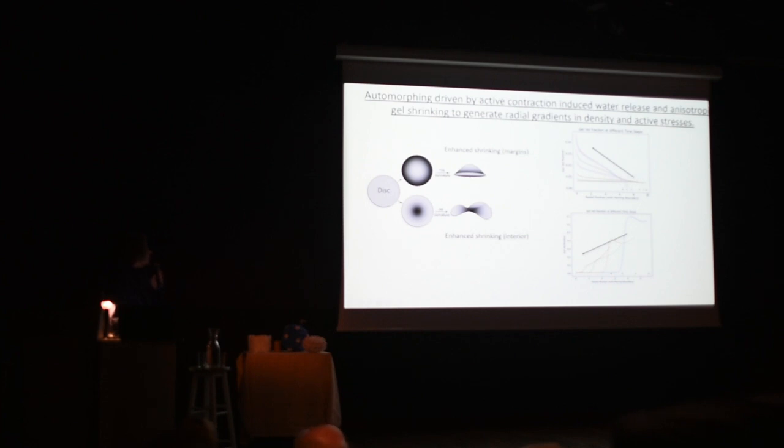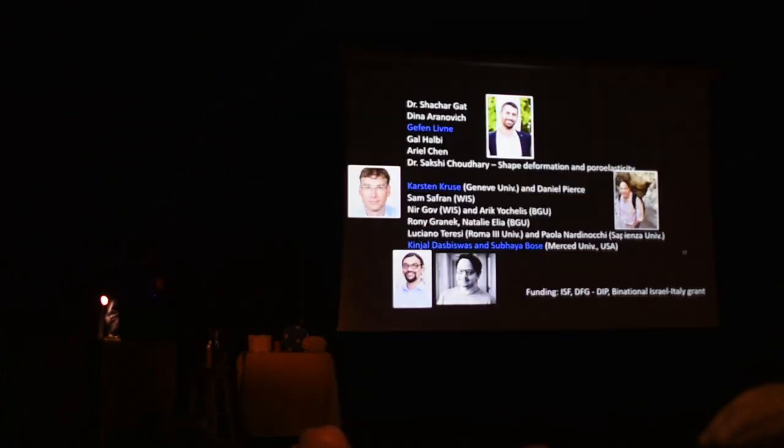Namely, the only thing that can really continue to contract is actually the periphery. Namely, if you have something that contracts more efficiently on the periphery, it generates an obstruction. So this is how we understand these things. Everything is, of course, connected to the activity of the motors, the release of water and the densification of the network. But this is the way we believe it is happening. So this work is still in progress.